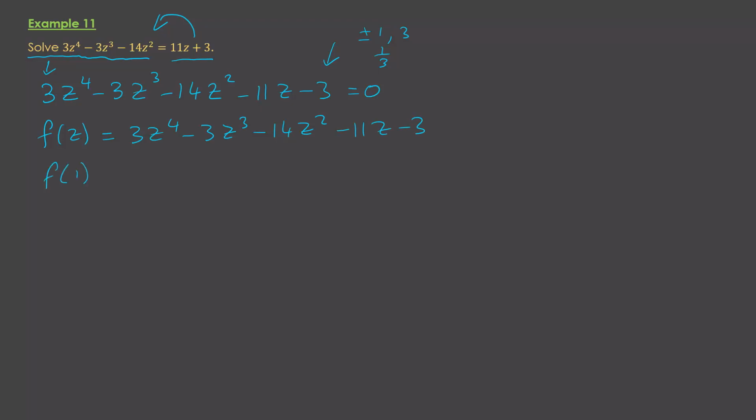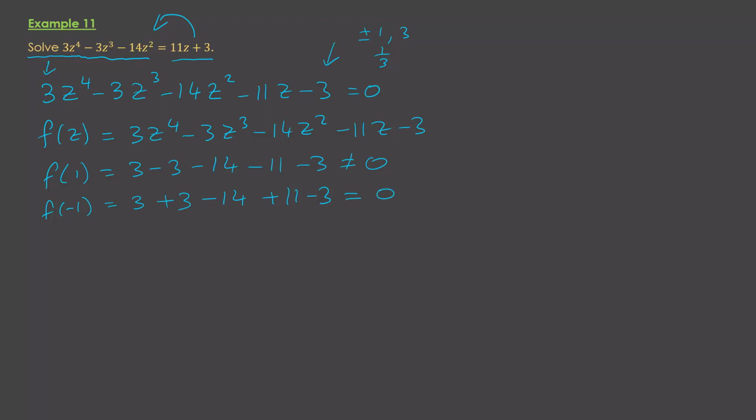f(1) is 3 - 3 - 14 - 11 - 3, and that's definitely not 0. What about f(-1)? Well, that would be 3 + 3 - 14 + 11 - 3.